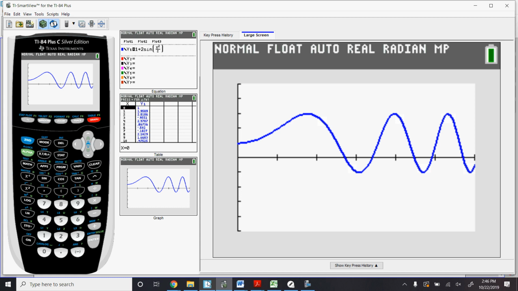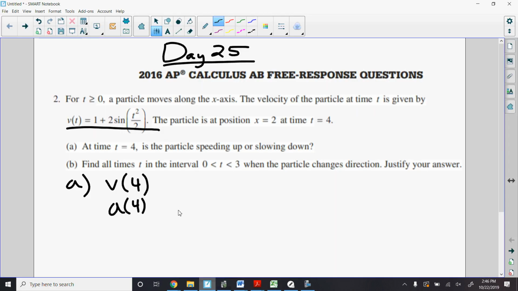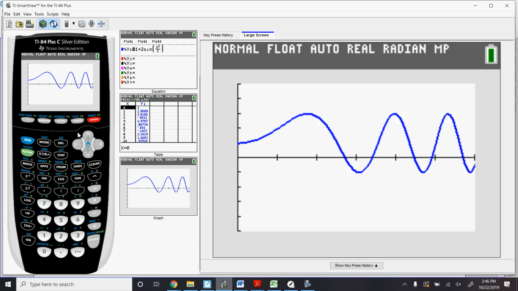So what I need to understand now, going back here, is I need to find v of 4, and I need to find a of 4. I'm going to start with v of 4. Notice my function is v of t, right? Instead of cranking it out by hand, typing this into your calculator, since the graph is v of t, we can get v of 4 just simply by tracing 4. So I'm going to go to my graph and trace 4.